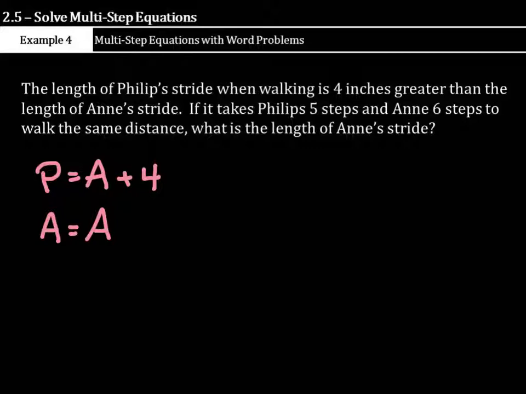Now, if we set up the equation, Philip takes 5 steps. Well, what are each of his steps? Well, each of his steps are Anne's plus 4. Then that has to equal Anne's steps.